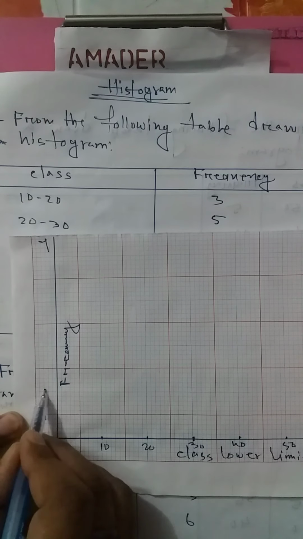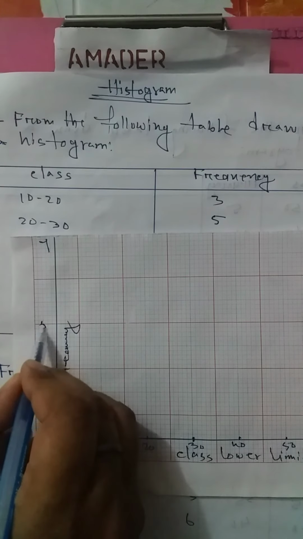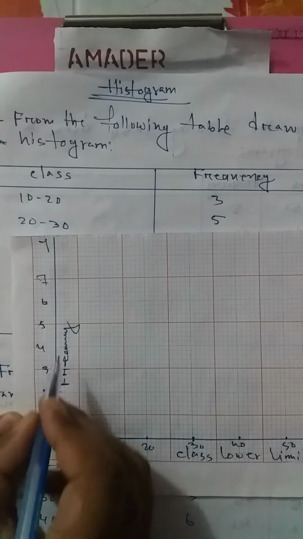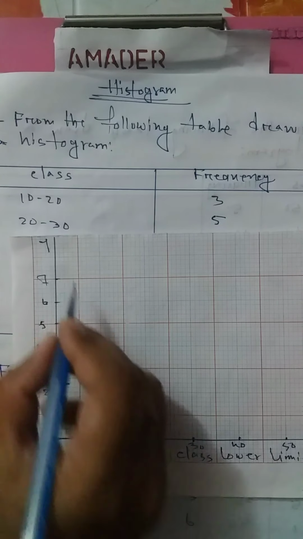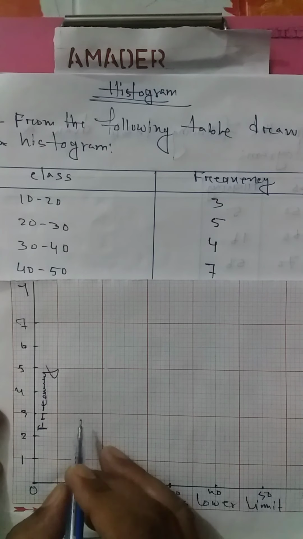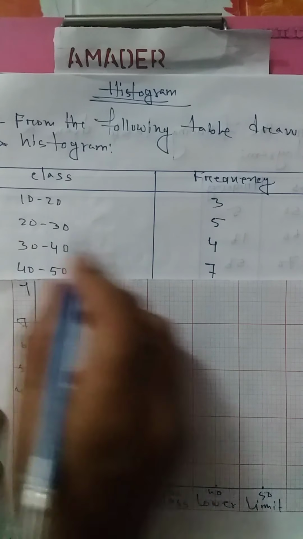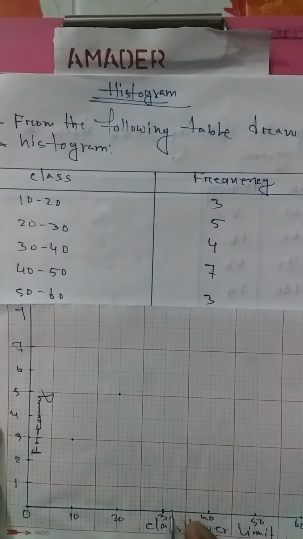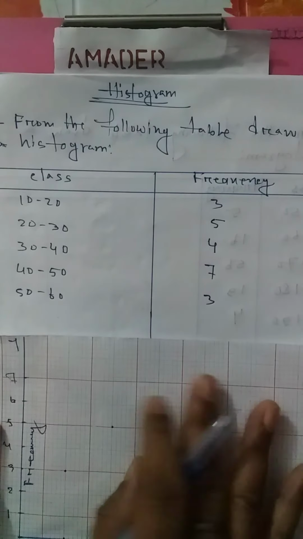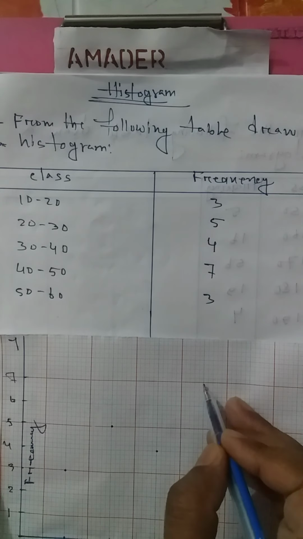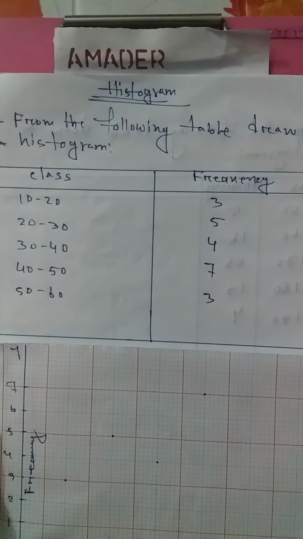Then mark 1, 2, 3, 4, 5, 6, 7 on the axis. Then join the points: 10 to 3 indicate the point, 20 to 5 indicate the point, 30 to 4 indicate the point, 40 to 7 indicate the point, and 50 to 3 indicate the point.